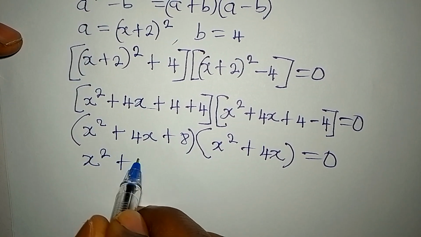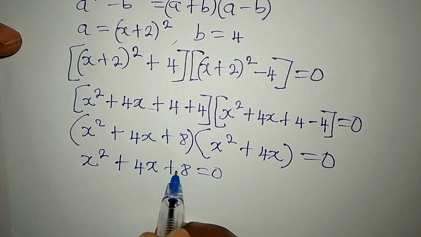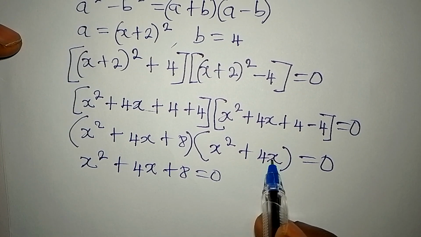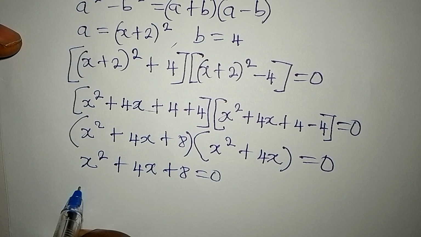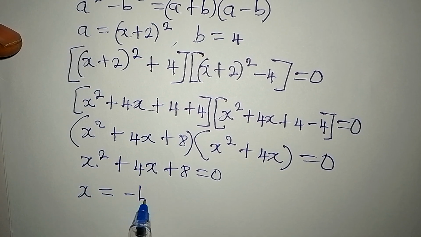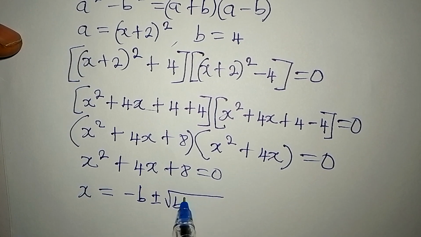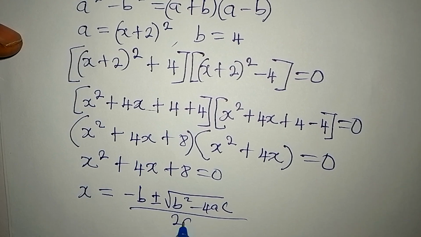So x^2 + 4x + 8 = 0. Now let's deal with this first before coming to deal with the other, and I won't be wasting time. The formula we are going to use is x = (-b ± √(b^2 - 4ac)) / 2a.